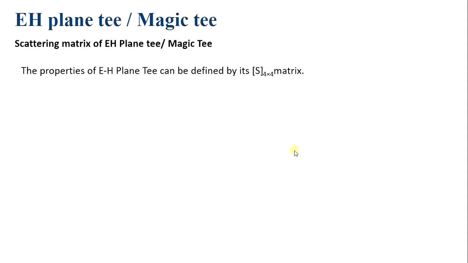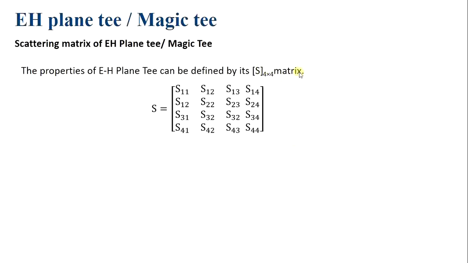Now we will go through the S matrix of magic T. Now we know that this magic T is a 4-port device, so we have n equal to 4. The S matrix will be a 4x4 matrix. This will be the S matrix for 4 ports.